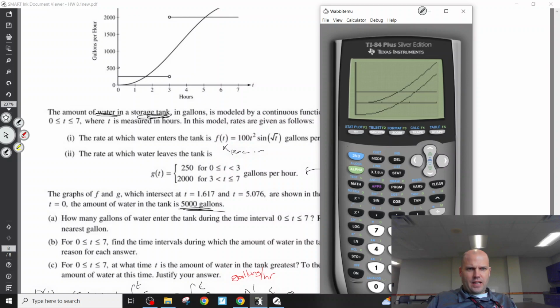Here is my rate in, here's my rate out. Here is rate in minus rate out. This graph right here is the graph of P prime. What do you notice? P prime is negative and then positive until this one point right there.